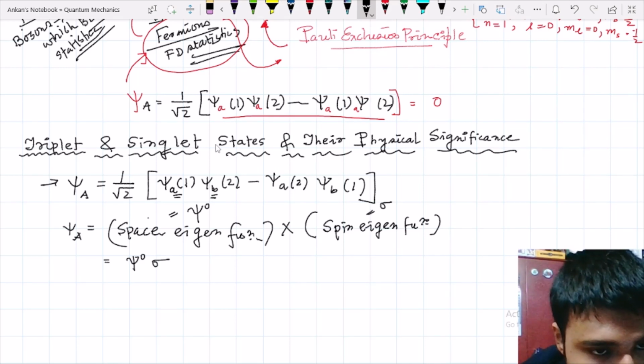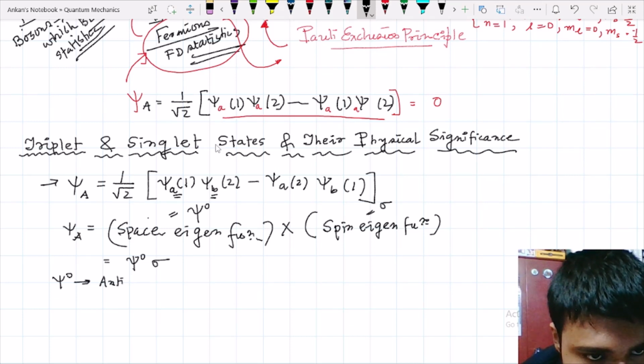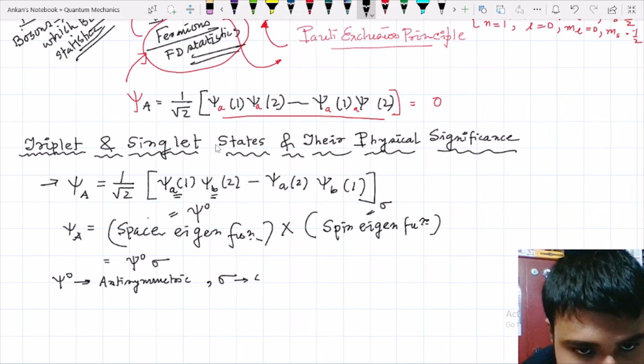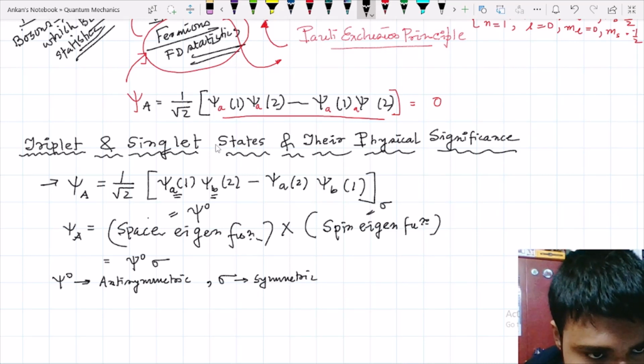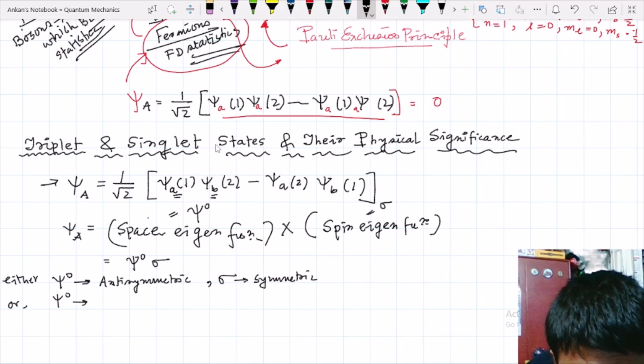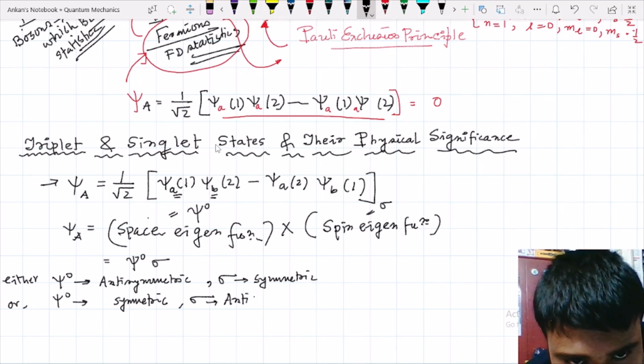Now if psi 0 is antisymmetric, sigma should be symmetric. Or if psi 0 is symmetric, then sigma should be antisymmetric.